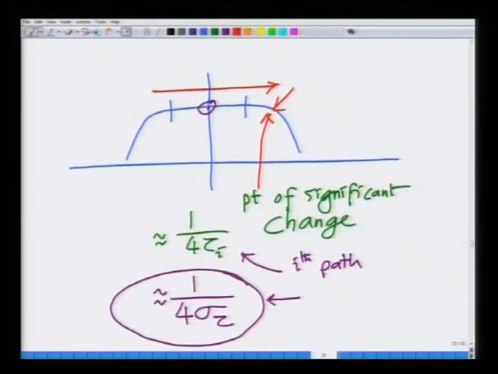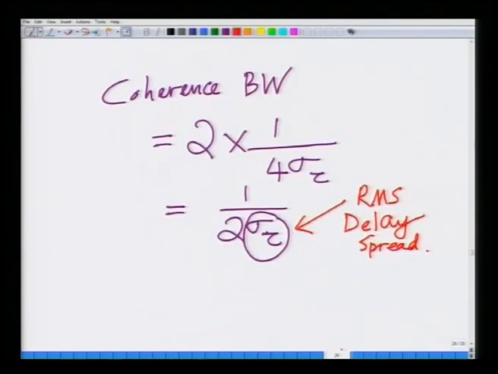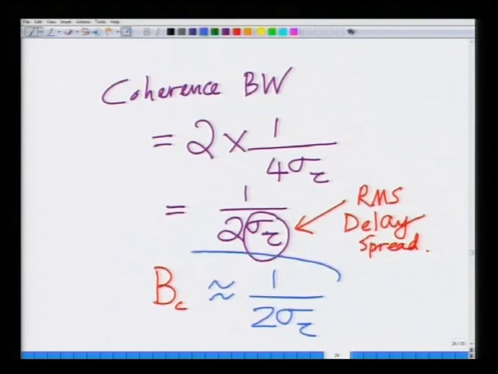The coherence bandwidth is essentially this side plus this side put together, it is twice 1 over 4 sigma tau or 1 over 2 sigma tau. Remember these are all only approximate relations, hence I can write coherence bandwidth as approximately equal to 1 over 2 sigma tau.